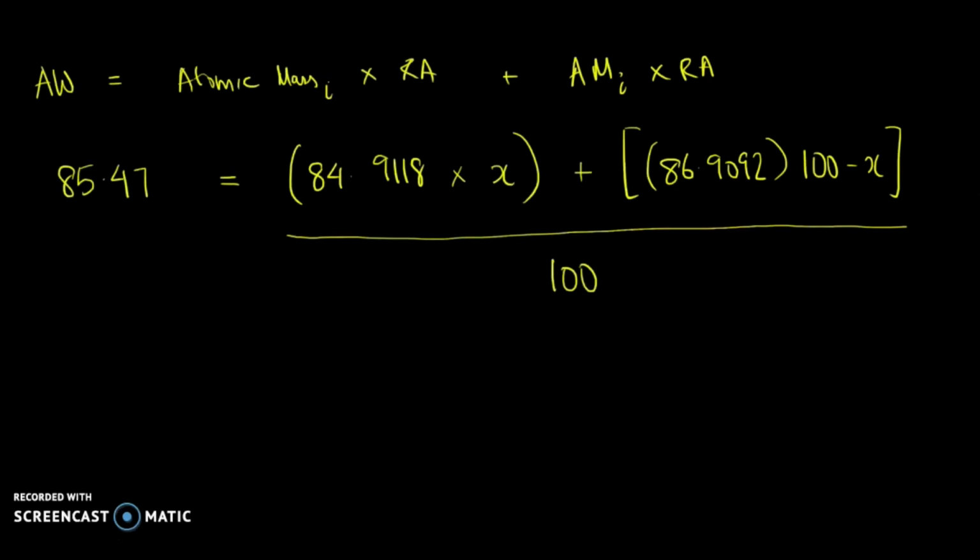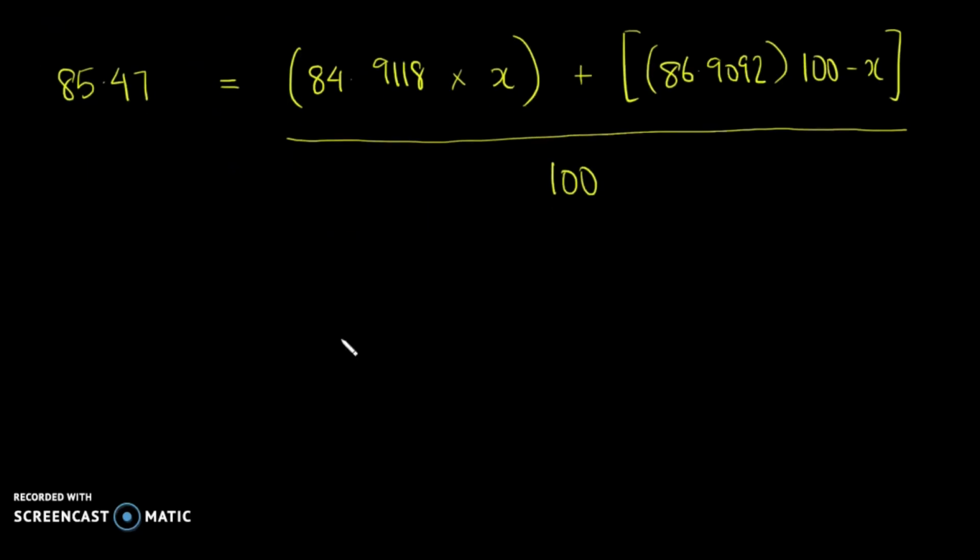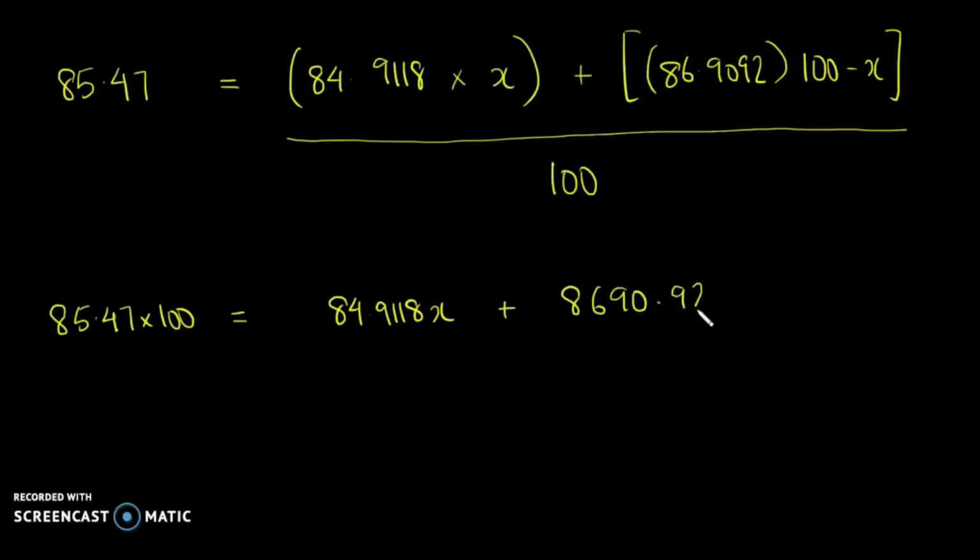Let's get a bit more space here. So bringing 100 to the other side, I would get 85.47 times 100. And then we are going to solve our brackets. We're going to get 84.9118x plus 8690.92 minus 86.9092x, right?